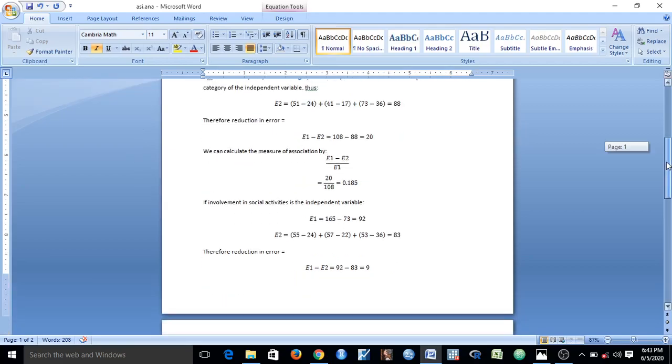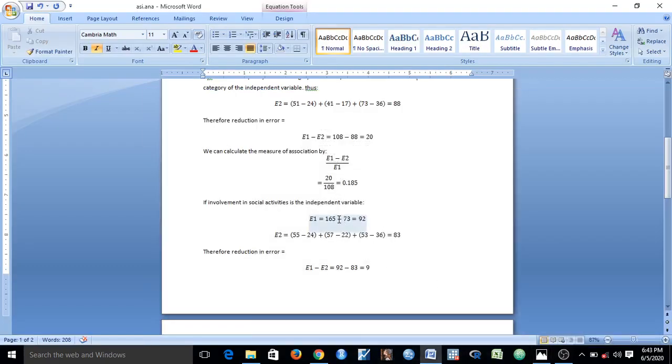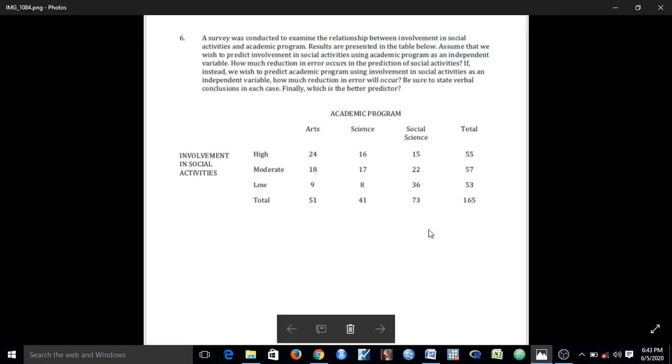Then what if we reverse the case? We now use involvement in social activities as the independent variable, and academic program as the dependent variable. As we said earlier, E1 will be the total frequency, 165, minus the modal frequency for the dependent variable.